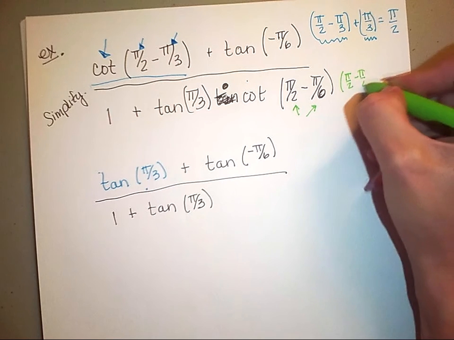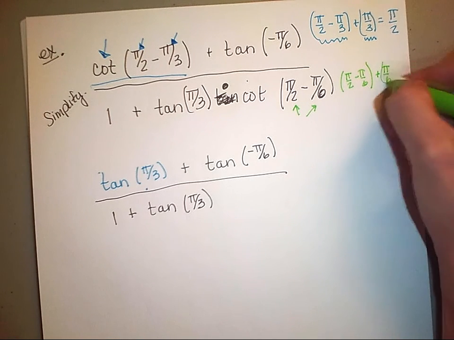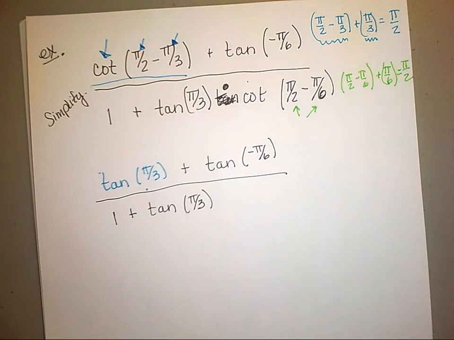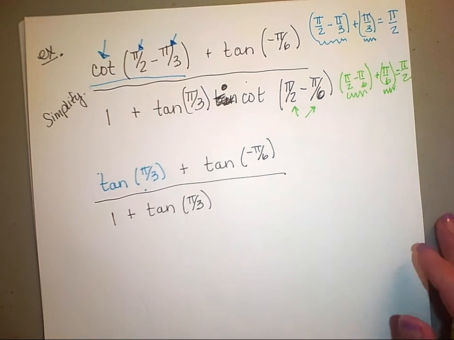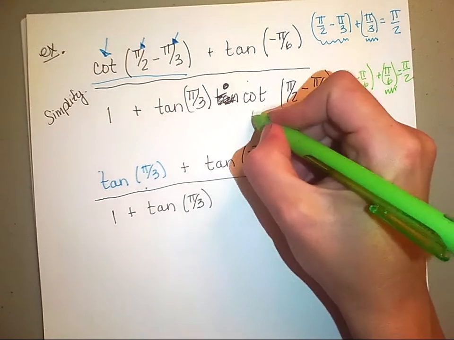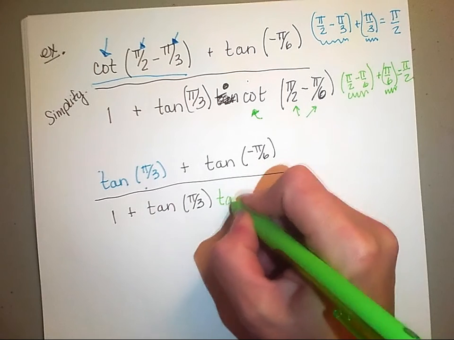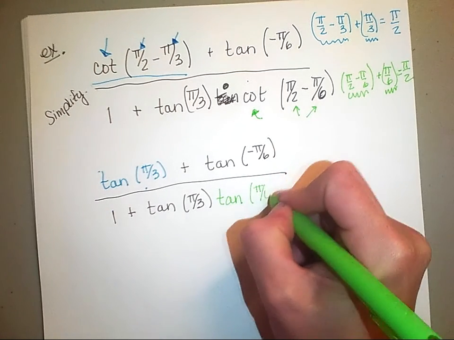So that angle, pi over 2 minus pi over 6, if I would add pi over 6 to that angle, then I would get pi over 2. So this angle and that angle are complementary. So this, again, the cotangent, has to be equal to the tangent of the complementary angle, which is just pi over 6.